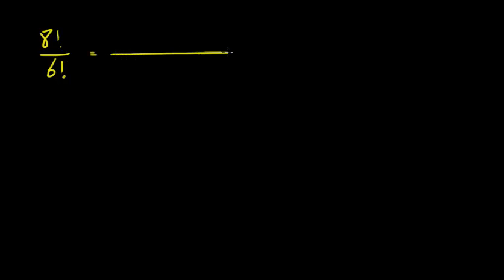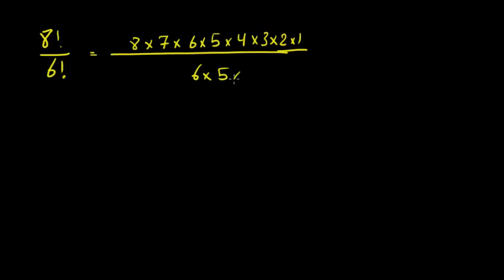In that case, we write 8 times 7 times 6 times 5 times 4 times 3 times 2 times 1 in the numerator. Then we write the denominator, which is 6 times 5 times 4 times 3 times 2 times 1. Then we cancel out 6 through 1 from the denominator and numerator, and we have 8 times 7.